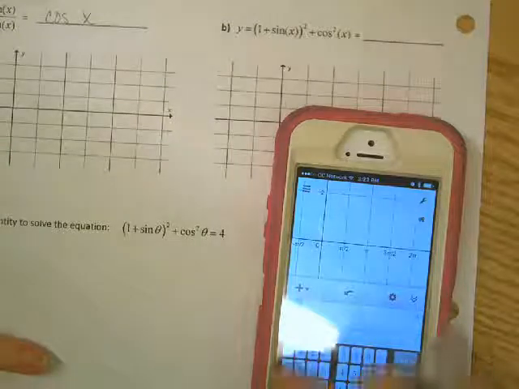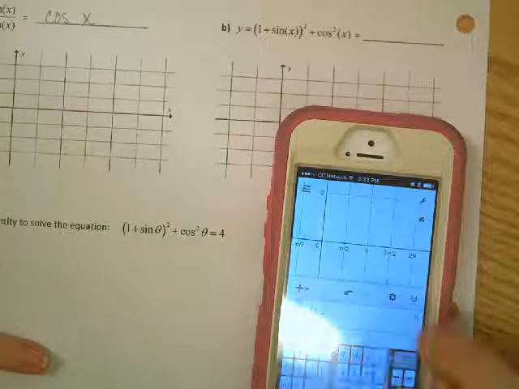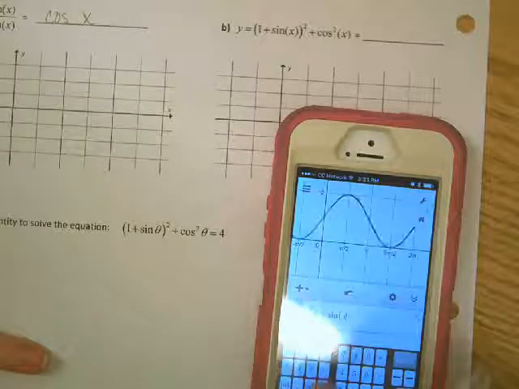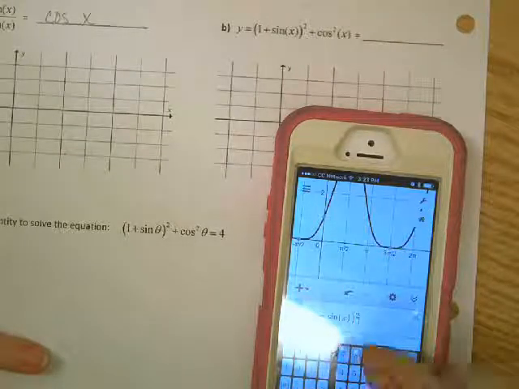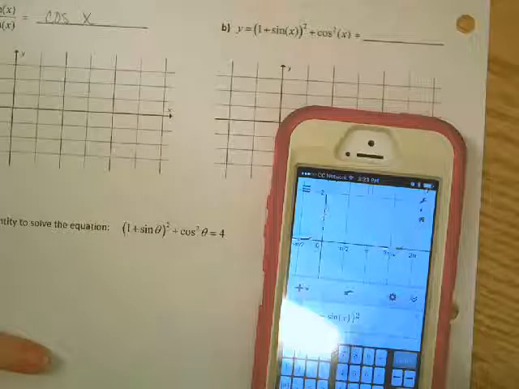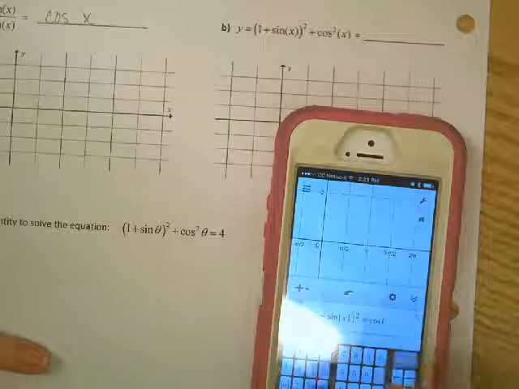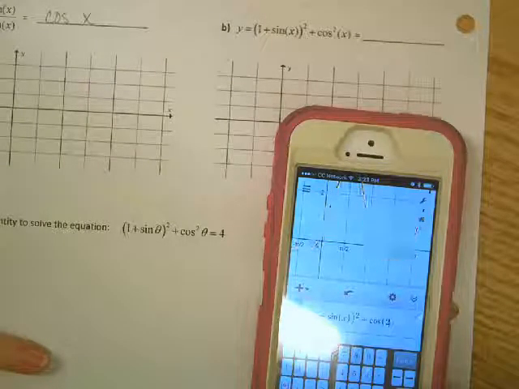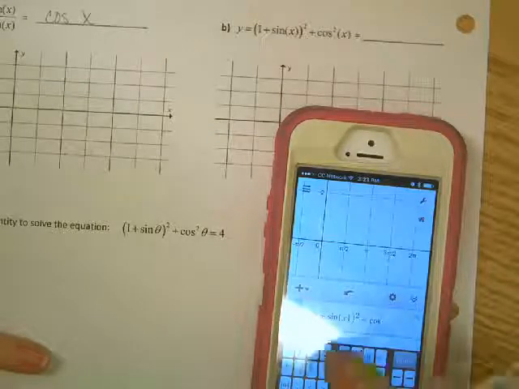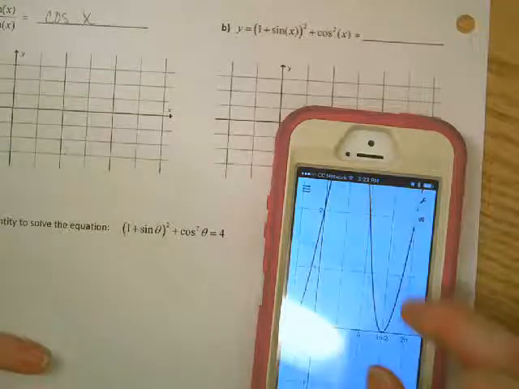So I need parentheses 1 plus sine x squared plus cosine squared x.